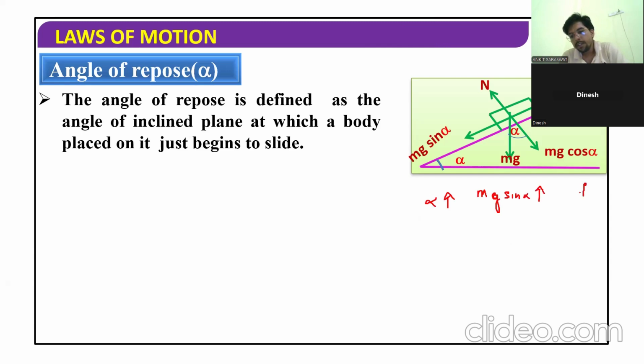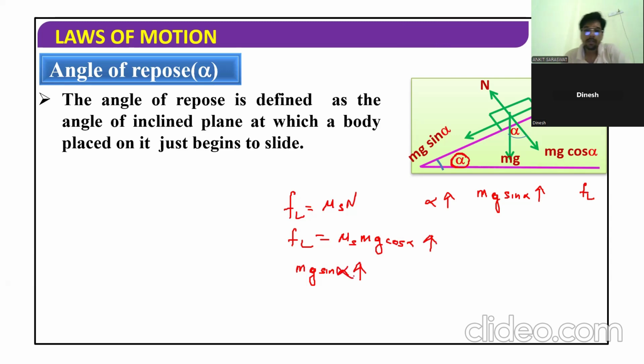FL is mu s times N, and N will be mg cos alpha, and the applied force is mg sin alpha. So if you increase alpha, both of these increase.